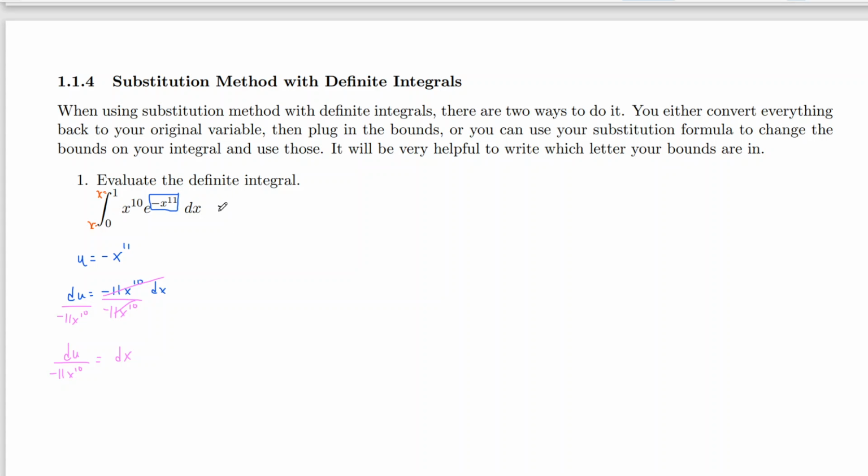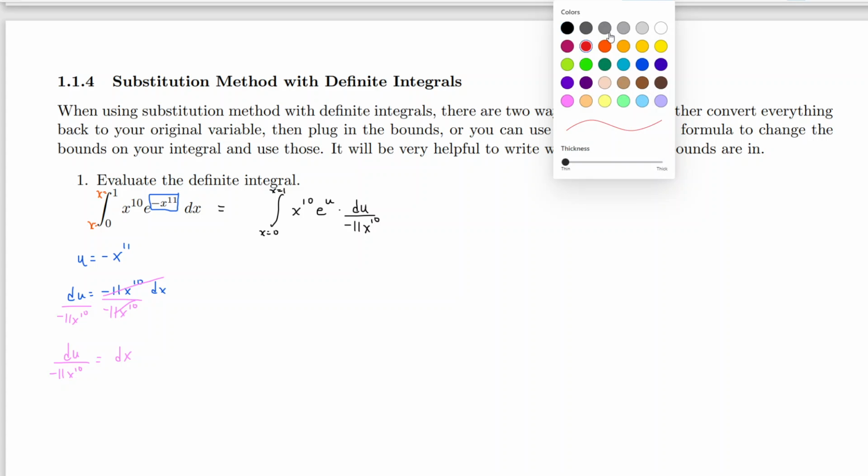All right, so let's go ahead and plug in. But as I write down the integral at every step, I'm going to write not just 0, but x equals 0 and x equals 1, because I want to emphasize what we're doing here. All right, inside x to the 10th, that was not part of u. Hopefully it goes away. The next part, we have e to the u power because we made the exponent u. And in place of dx, we have du over negative 11x to the 10th.